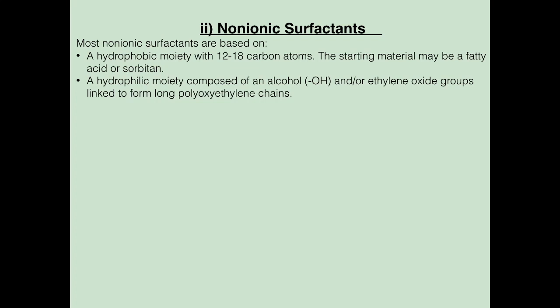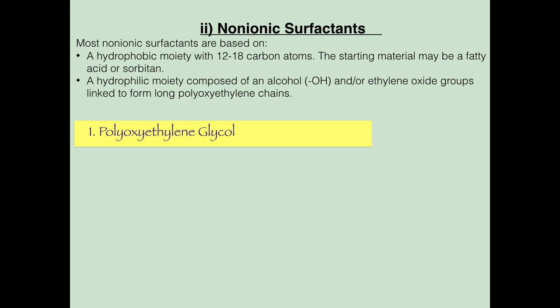So we can modify the characteristics of surfactant. For example, if we want to make surfactant more hydrophobic or more lipophilic, we can increase the length of hydrocarbon chain, and if we want to make it more hydrophilic, we can increase the length of polyoxyethylene chains.